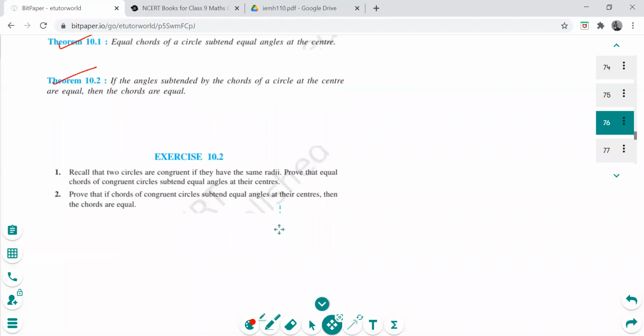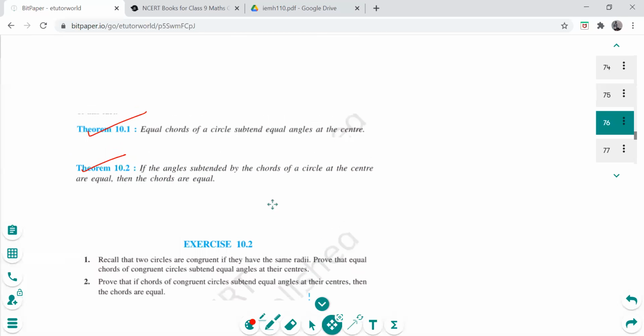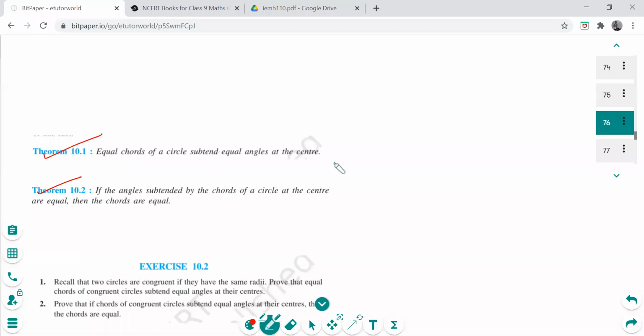Now let's move on to exercise 10.2. Before that, let's quickly go through what we have done till now. We discussed what a circle is. Then a couple of terminologies related to circle, like radius, diameter.